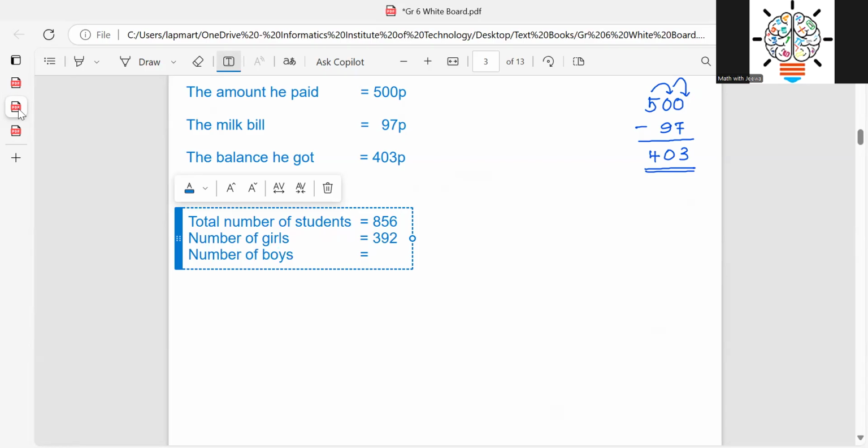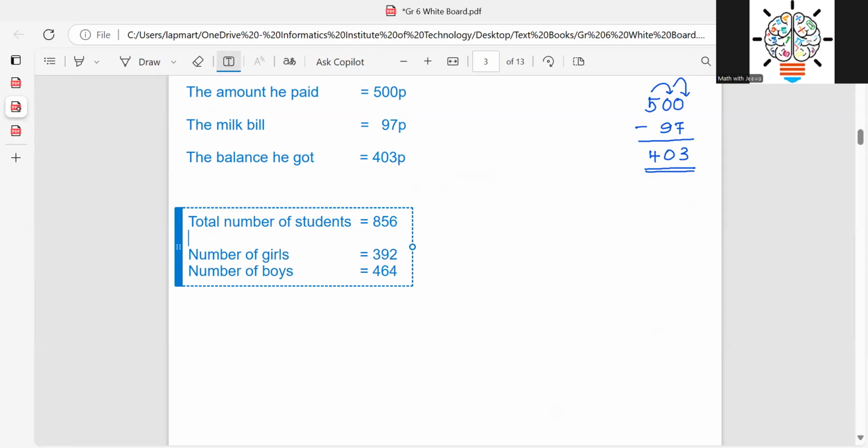So then the total we have is 856. Out of that, 392 are girls. So then there should be 464 boys. So then how am I going to get this? Then here I will.